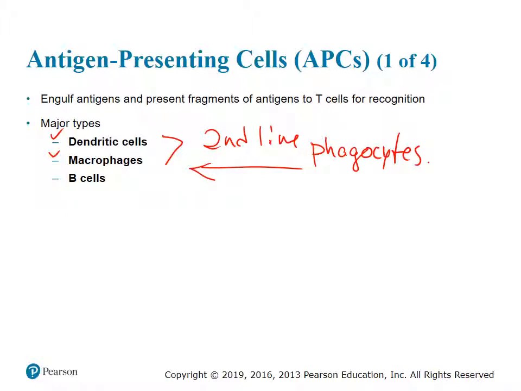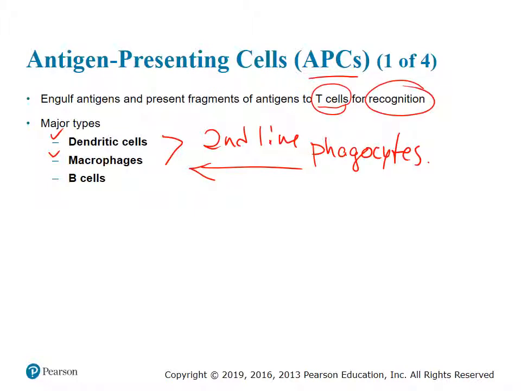But one of the interesting things that they do is they also act as antigen-presenting cells. So they break pieces up, the cells that they've destroyed, they take fragments or pieces of it, and they actually present these. They take them to T cells.